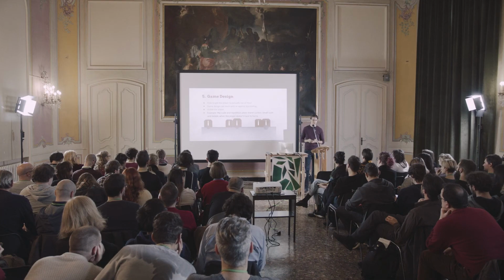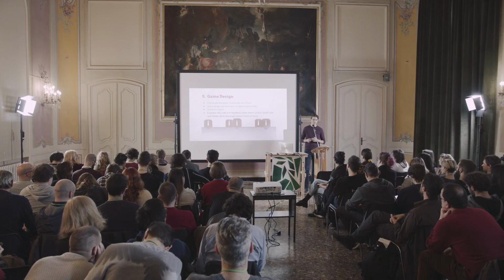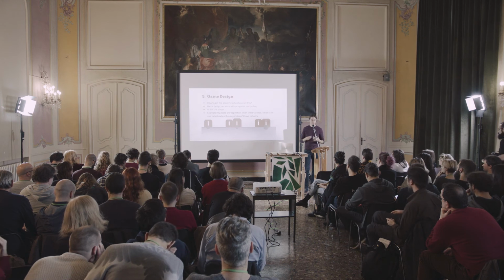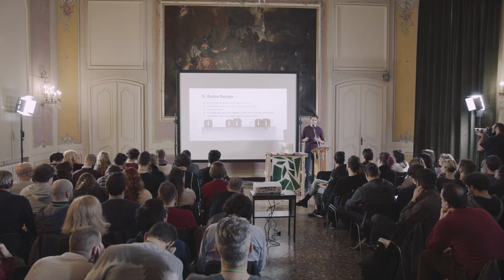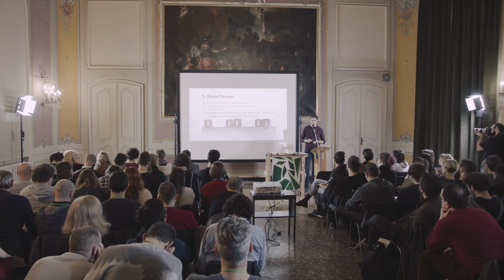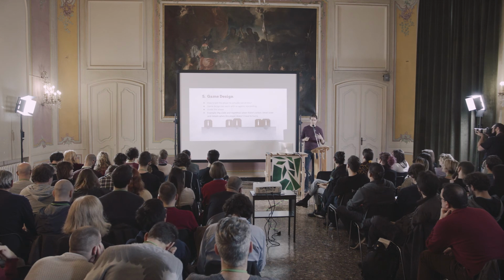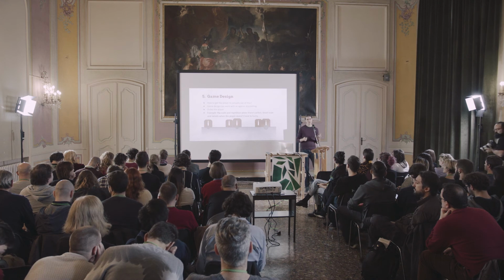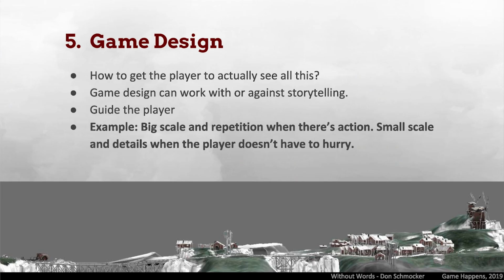We used big scale and repetition when there's a lot of movement and action, and also a lot of gameplay for the player. When we could slow the vehicle down, we used a lot more small decorations, and maybe billboards and pictures of certain people. Here we see an example of this area.